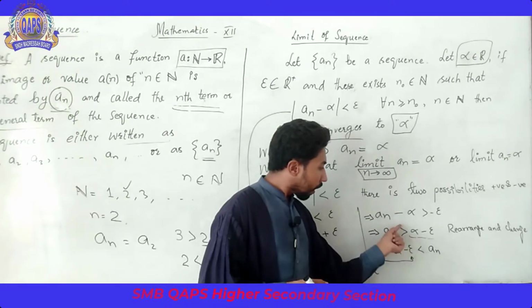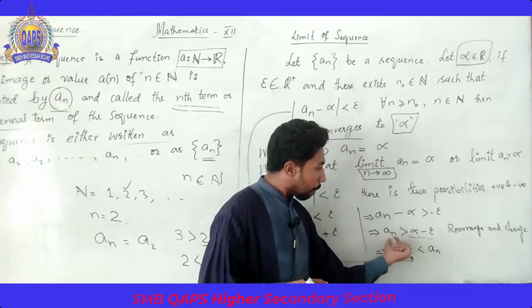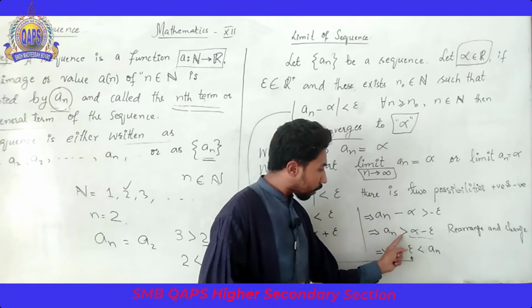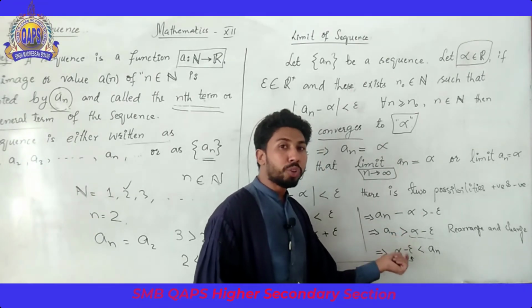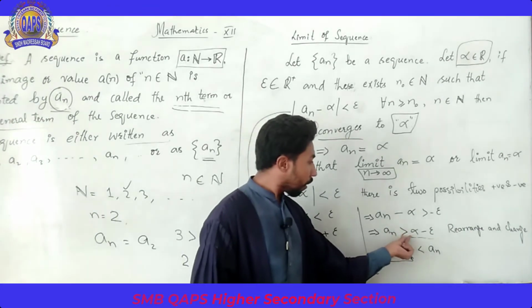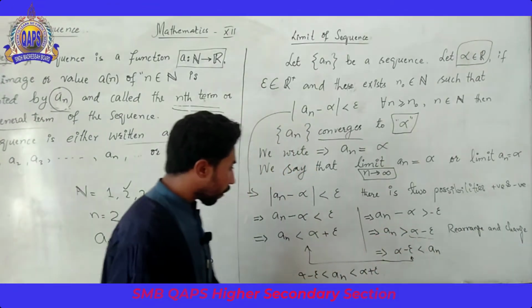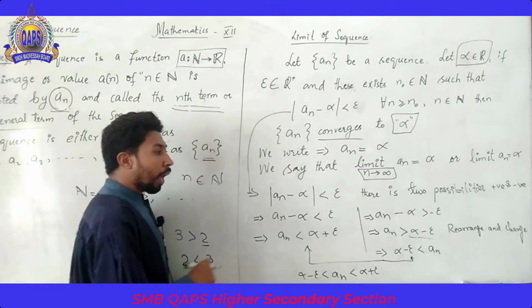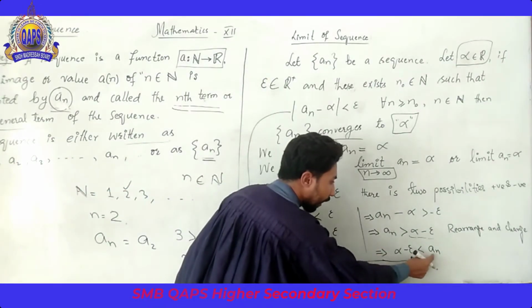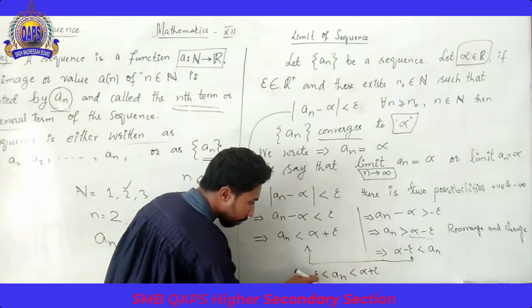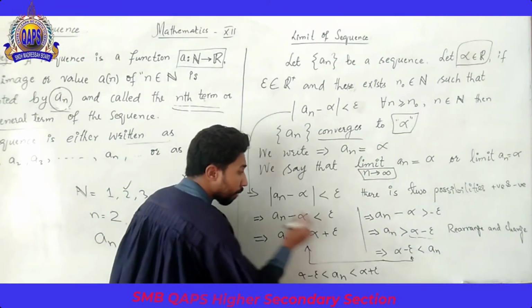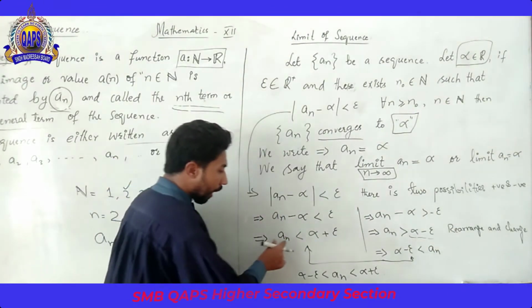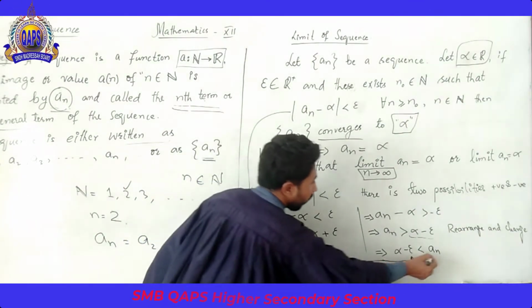So that's why, when we replace the sides, this sign changes from greater than to less than. So here alpha minus epsilon is less than an, and an is less than alpha plus epsilon, and here an is the same.